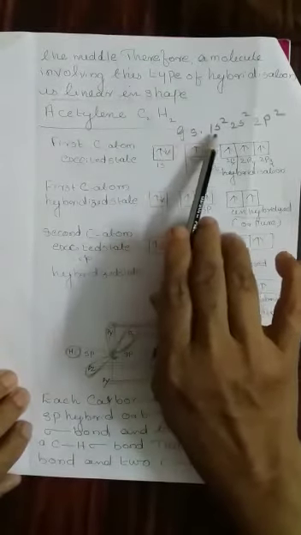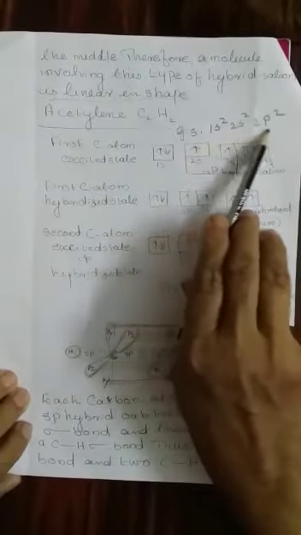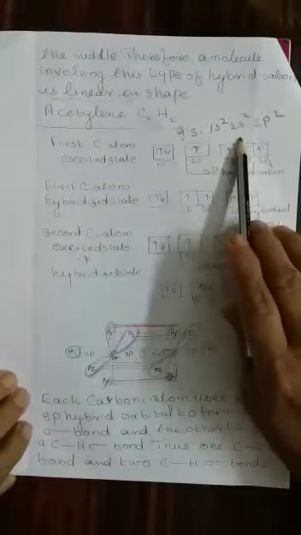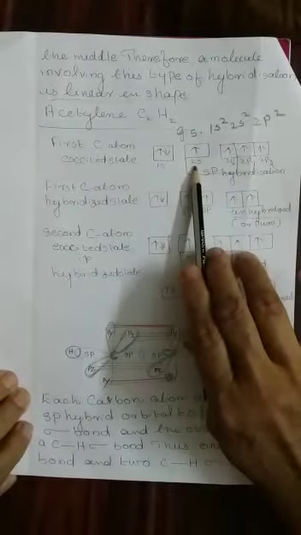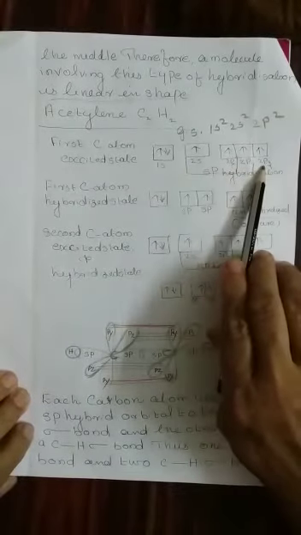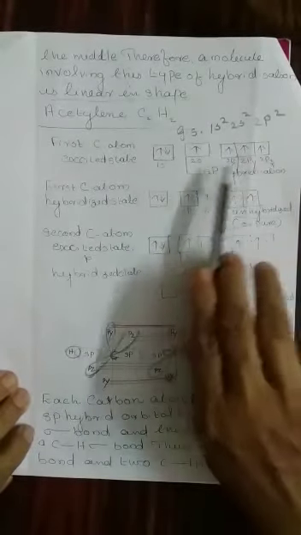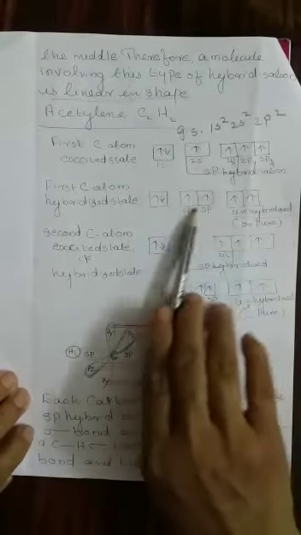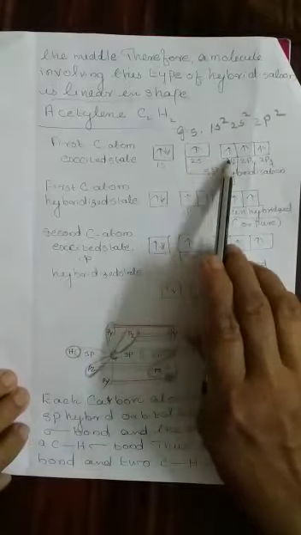The ground state is 1s2, 2s2, 2p2. Then in the excited state, 2s2 gets unpaired and that electron goes to the pz orbital. In the hybridized state, of all the four unpaired orbitals, s and 3p, we take only 1s and 1p.